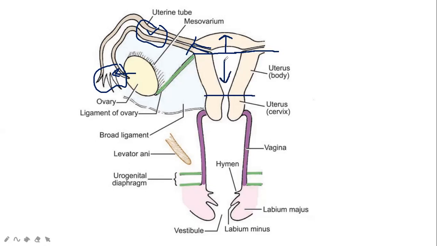And then below, from the level of the external os, what you actually see there is the cervix, the vital part of the uterus. The cervix extends into the vagina. So there is the supravaginal cervix, and that is how we have these recesses called fornices.